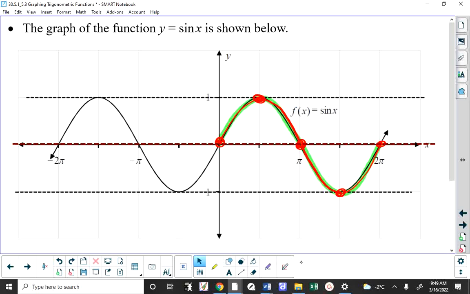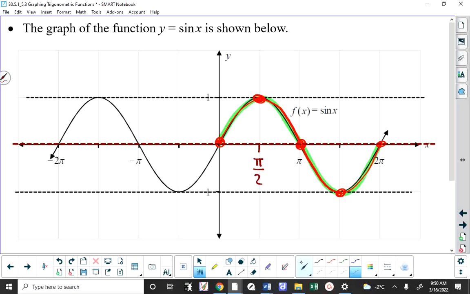By the time you get up to pi over 2, the y-coordinate has become 1, which means at pi over 2, the sine of theta is 1. As you go past pi over 2, the y-coordinate on the unit circle starts falling, and eventually when you get to pi radians, it's back to 0, and then when you get into quadrant 3, the sine is negative, and once you get into quadrant 4, it's still negative, but it's creeping back up to 0.